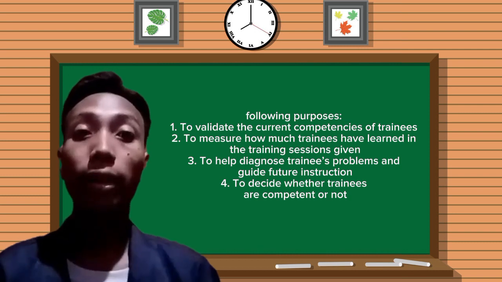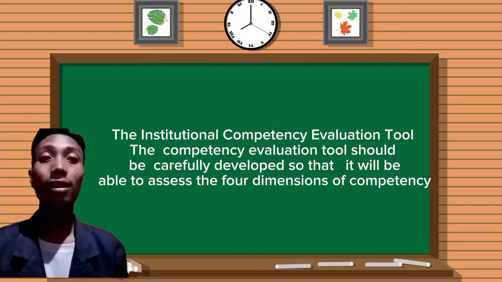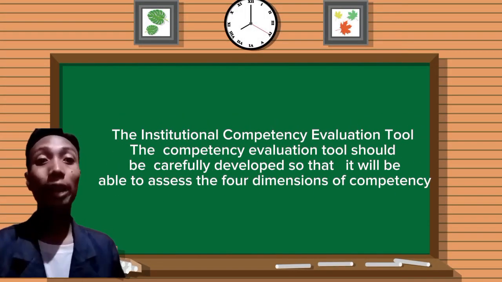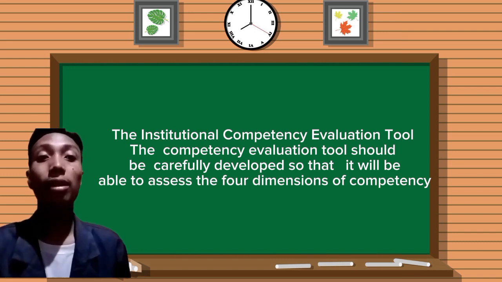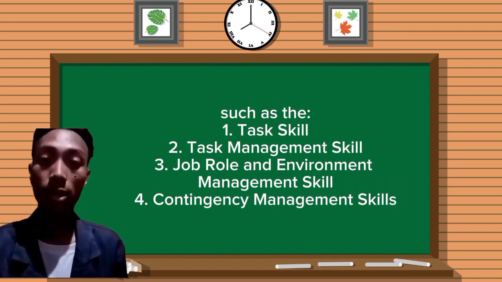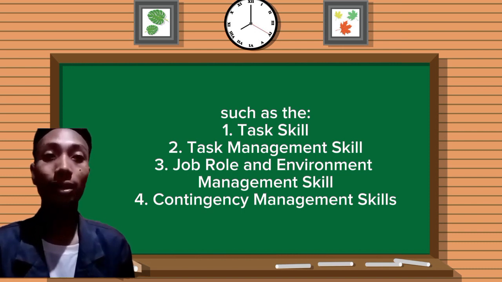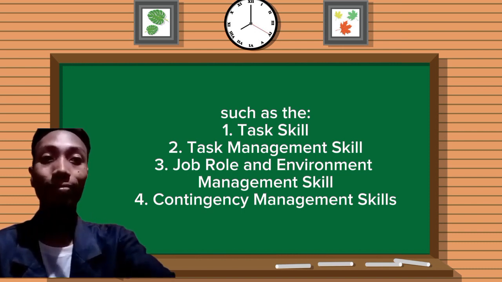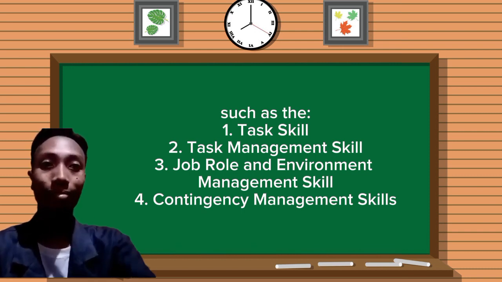To decide whether trainees are competent or not competent. The institutional competencies evaluation tool should be carefully prepared so that it will be able to assess the four dimensions: task skill, task management skill, job role and environment management skills, and lastly, contingency management skills.